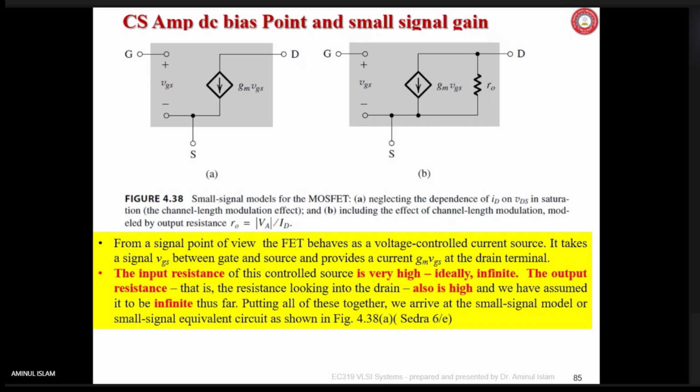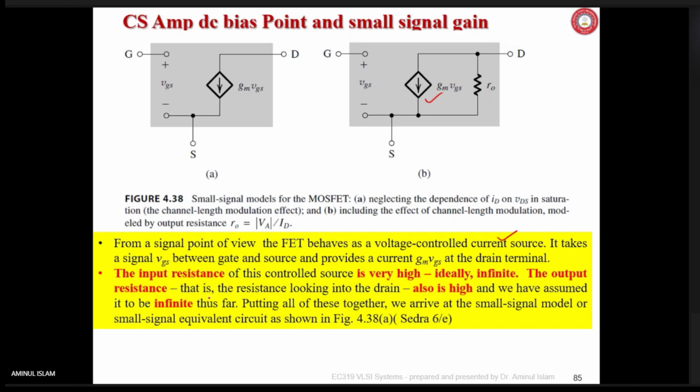From the signal point of view, the FET behaves as a voltage controlled current source, that also we have discussed. It takes a signal VGS between gate and source and provides a current GM VGS at the drain terminal. The input resistance of this controlled source is very high, ideally infinite. That also we have seen.